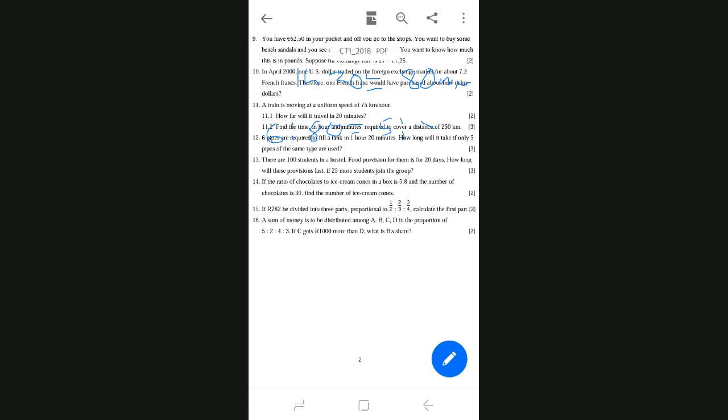Can you see that? So we can say that 6 over 80 equals 5 over x. So x will be equal to 5 times 80 divided by 6.